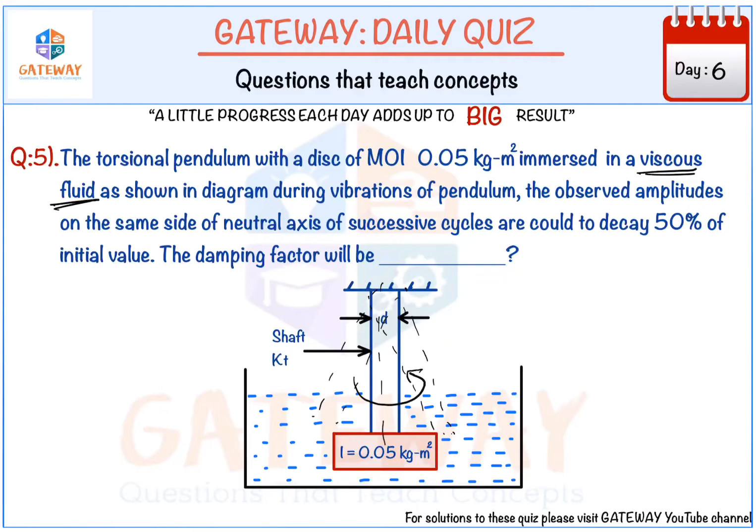In the first cycle there was some amplitude, and in the second cycle the amplitude decayed by 50%. So what does that mean?